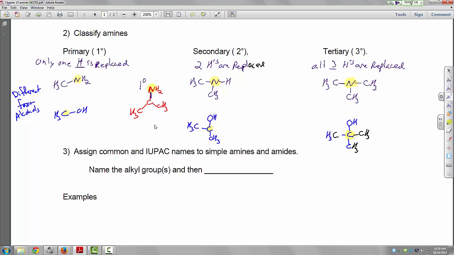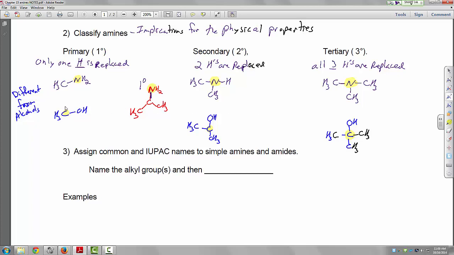The reason why we classify these as primary, secondary, tertiary is because it has implications for their physical properties. This is also different from alcohols. If you recall, when we classified alcohols as primary, secondary, tertiary, it has implications for its chemical properties, notably its oxidation.